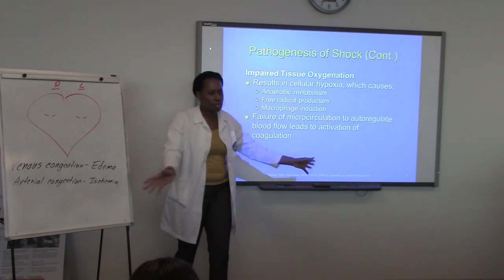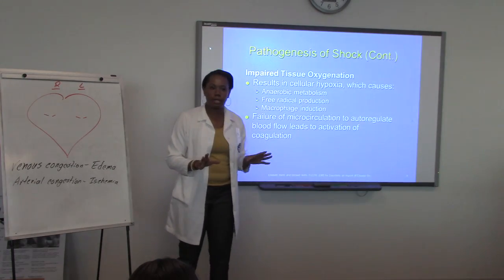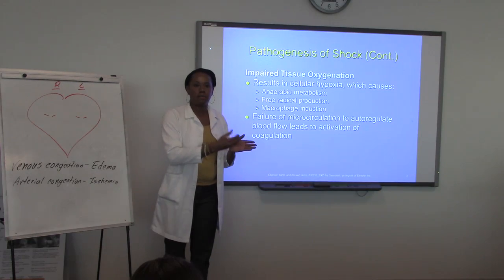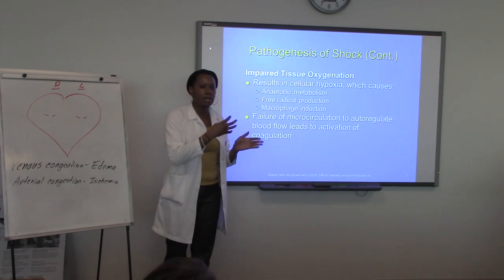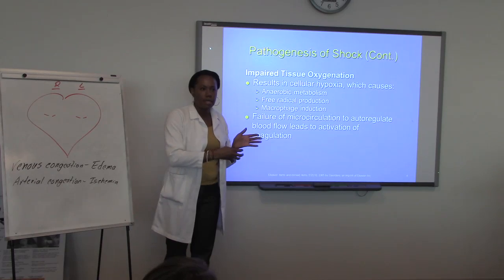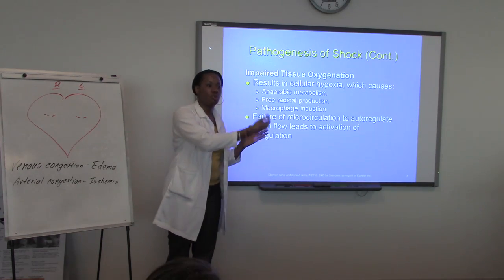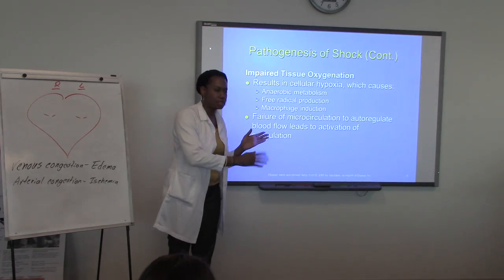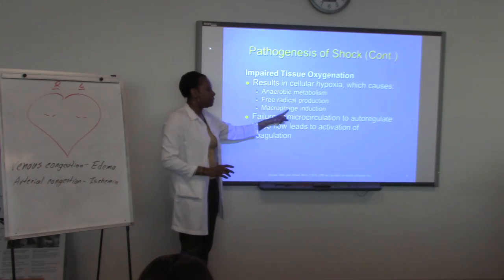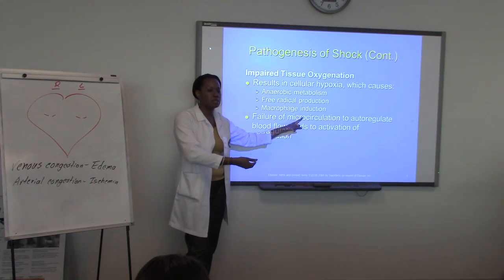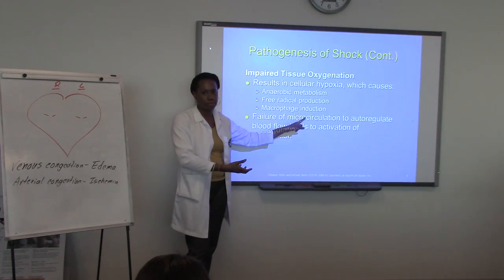Maybe the macrophages can come and get rid of the free radicals. Sounds nice, but unfortunately, because of the destruction that's occurring, they come over in a very high number, and they actually cause more destruction. So macrophage induction, they're doing what they're supposed to do. However, it will result in more destruction of the tissue.